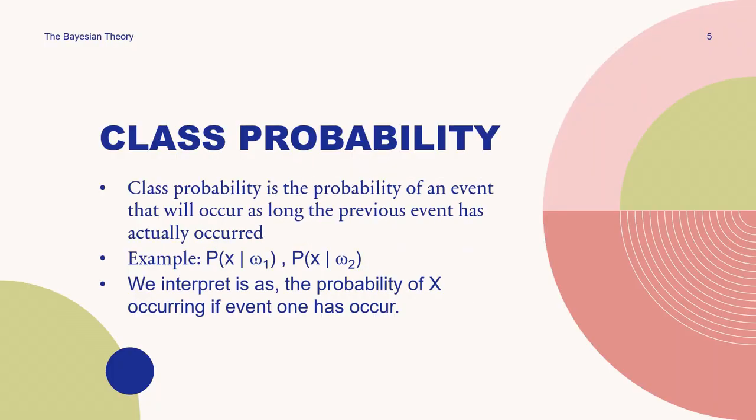A class probability is the probability of an event that will occur as long as the previous event has actually occurred. For example, the probability of x given event 1 has occurred, or probability of x given that the second event has occurred.